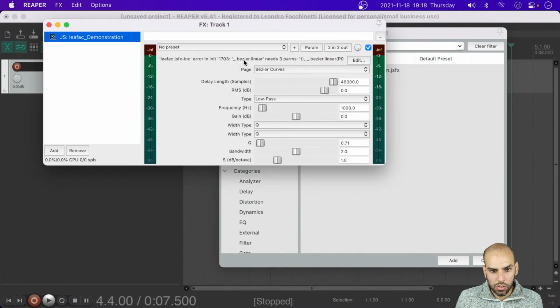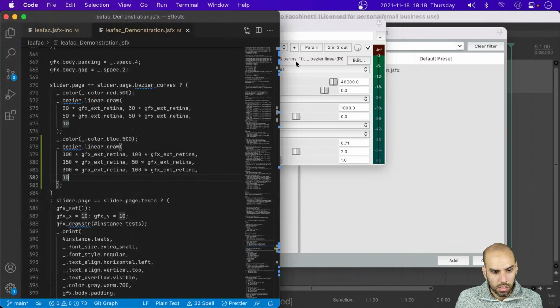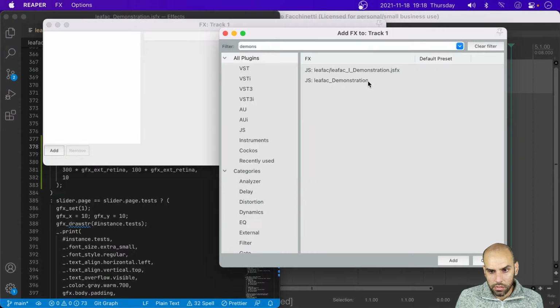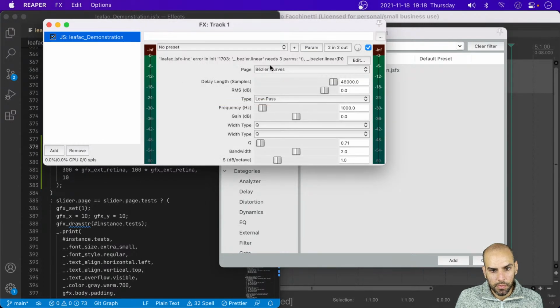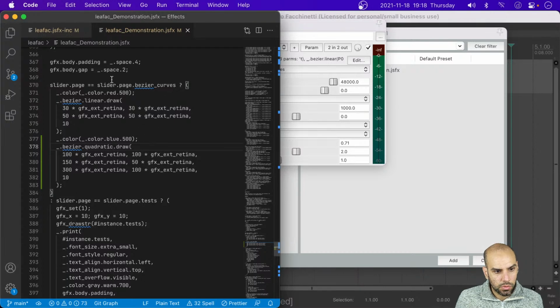Okay, there is a function call that needs 3 parameters. And I forgot to rename this, quadratic. No, still wrong.